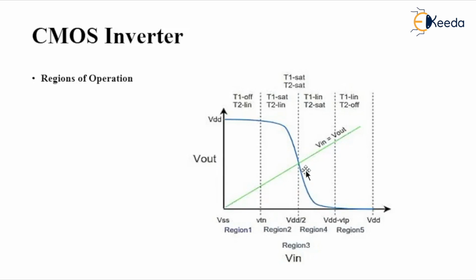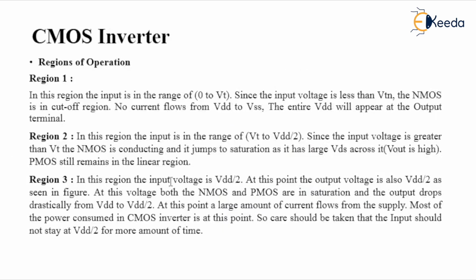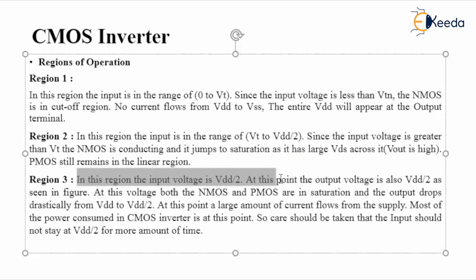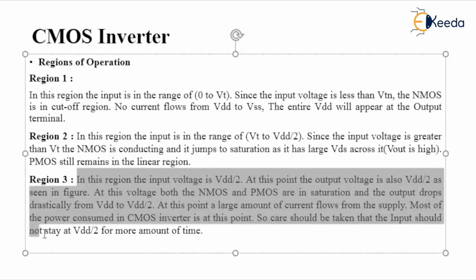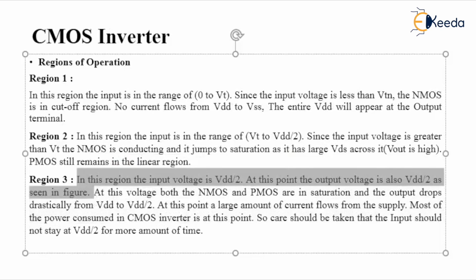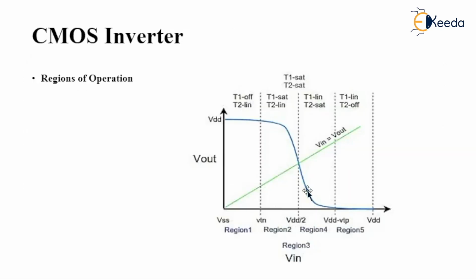If I draw a line perpendicular to the x-axis, I will get VDD by 2. So that's the reason in region 3, input is VDD by 2, and at this point Vout is also VDD by 2 as shown in the figure. If I draw a line perpendicular to this, I will get VDD by 2 here also.